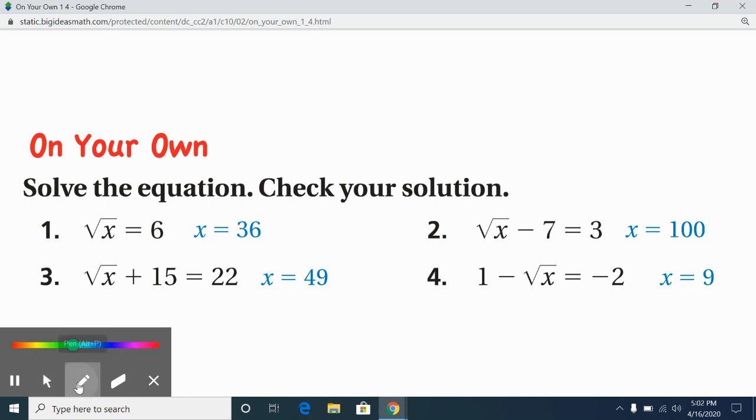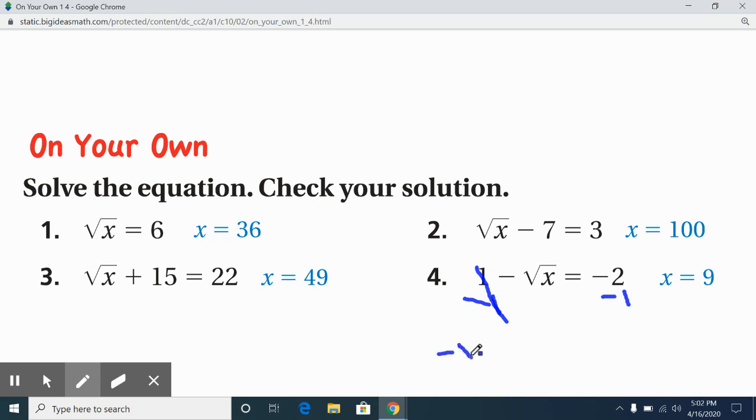Real quick, I want to show you number 4 and how we could do this. What we could do is subtract 1 to get rid of it from this side, but again, that's going to leave us a negative square root. So this is one of the ways we could do it. It's going to give us negative 3, but remember, before I square both sides, I have to divide.